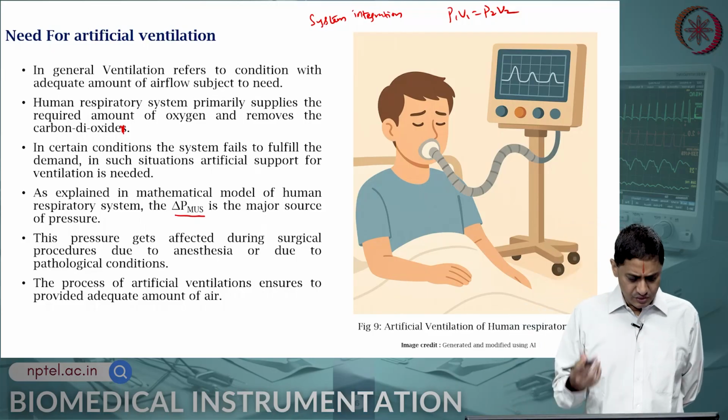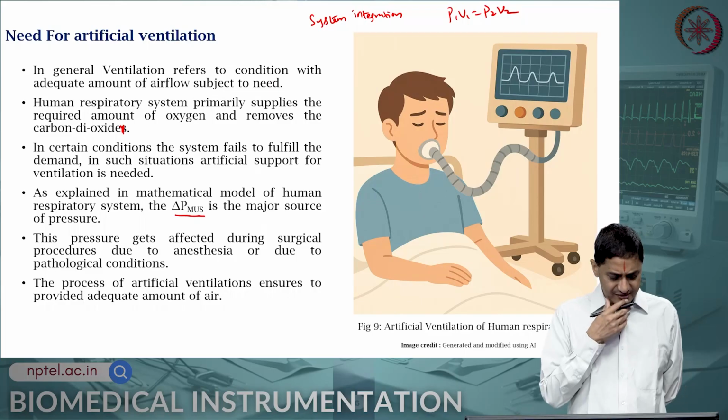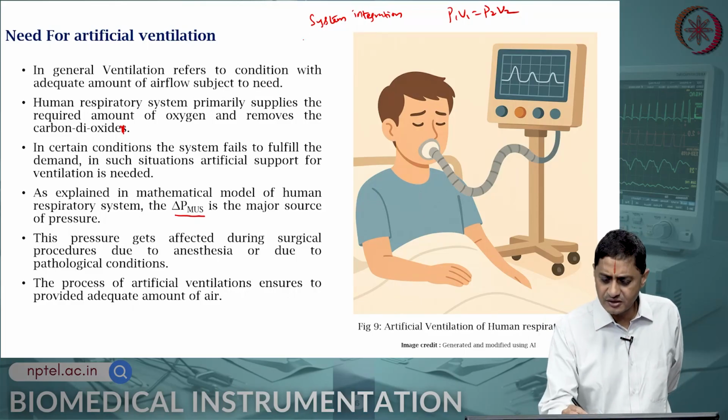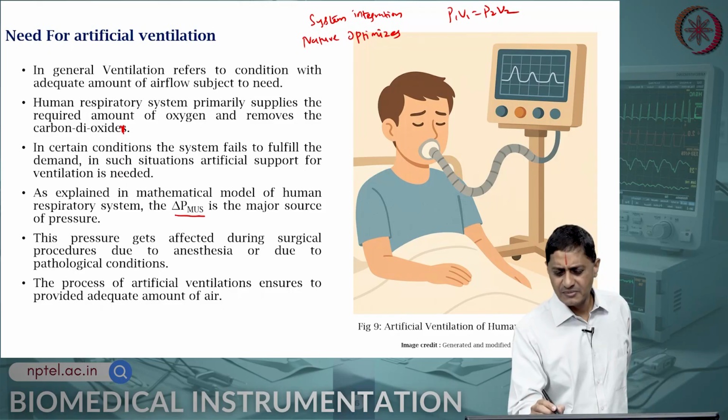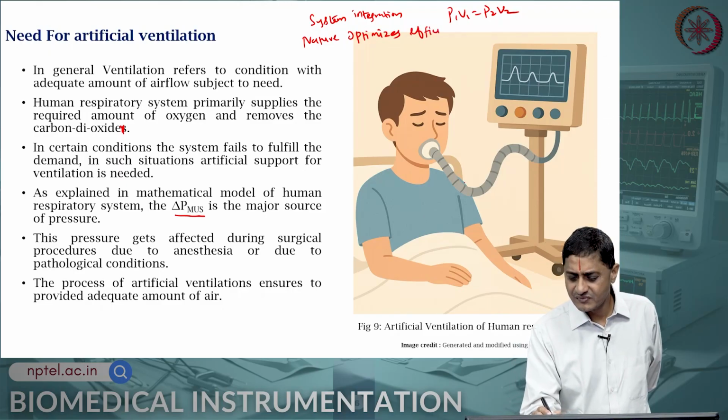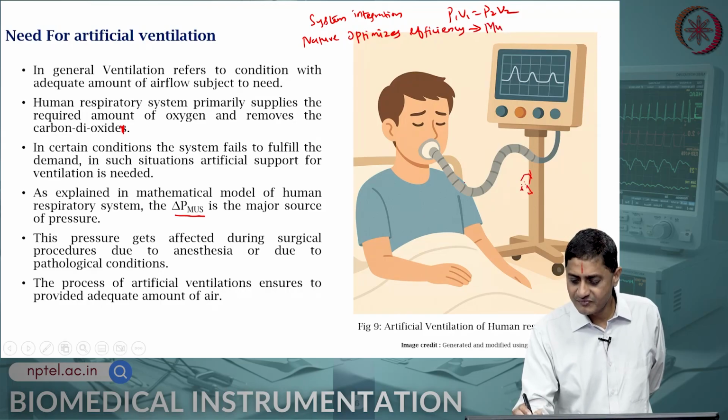That is one. Two is design philosophy, right? Nature optimizes efficiency. How is efficiency optimized by nature? I will leave this as an exercise for you, but I will give you a clue. Murray's law.